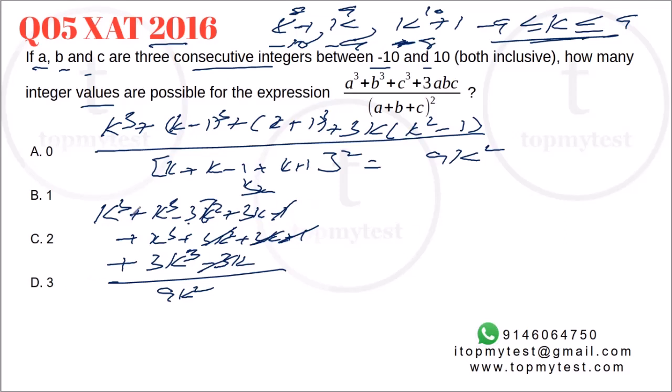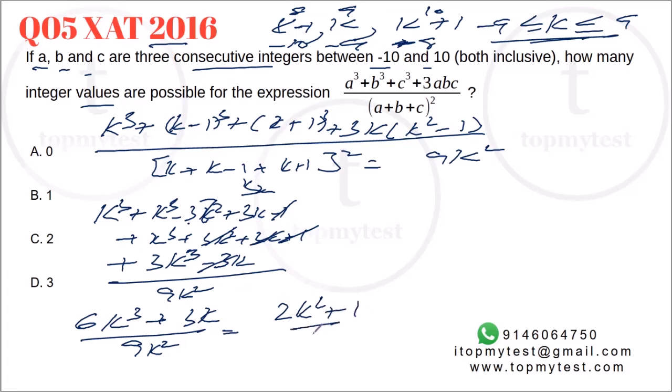So your numerator becomes 6k cube plus 3k divided by 9k square. If I divide numerator and denominator by 3k, you'll get 2k square plus 1 divided by 3k. This will be your value.